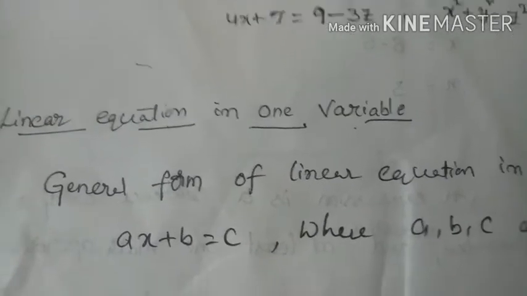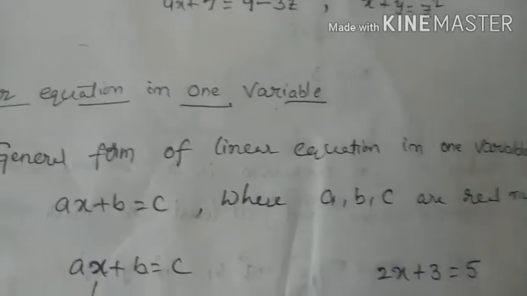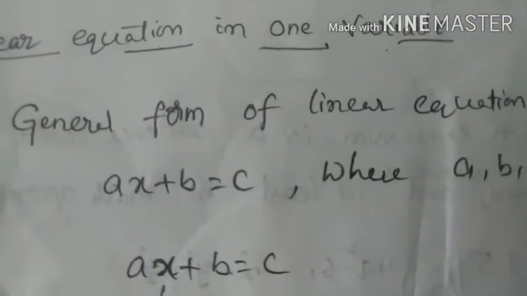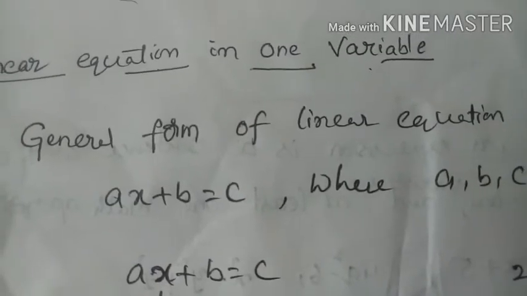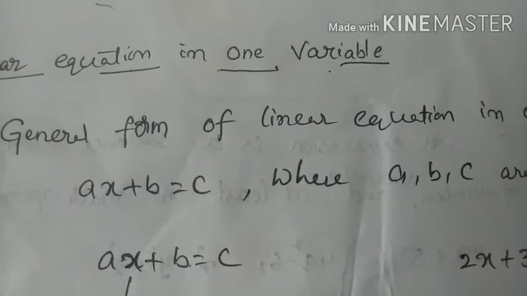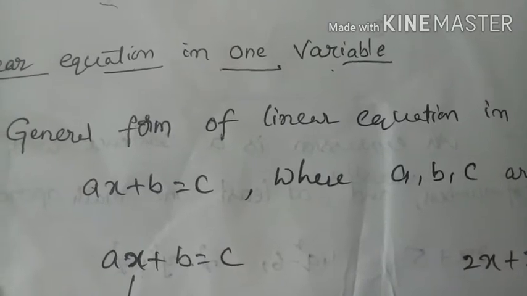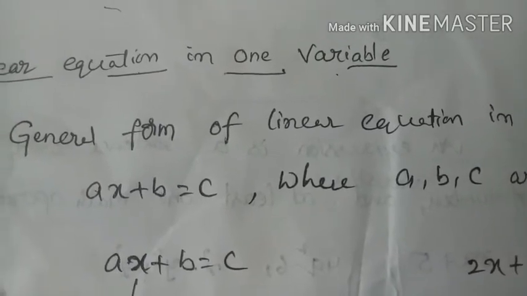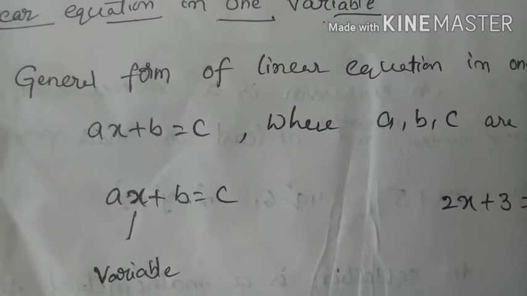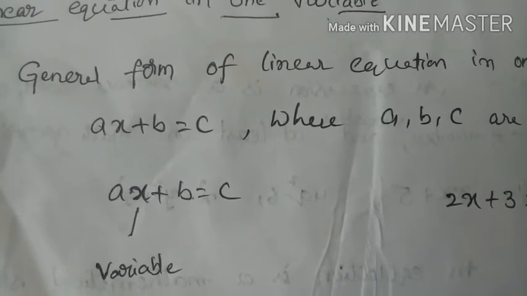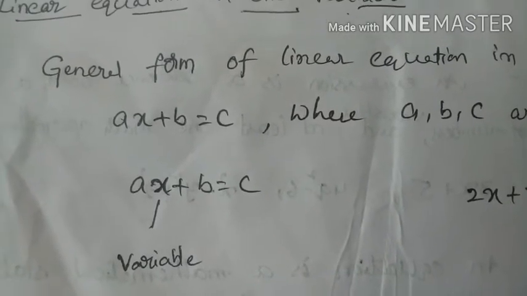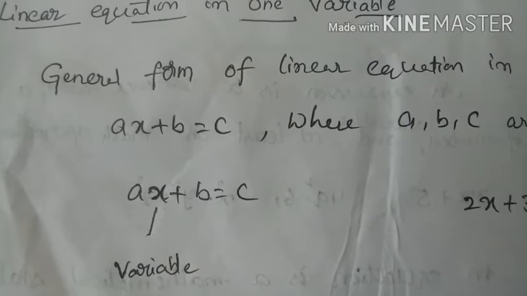The general form of the linear equation in one variable is ax plus b is equal to c, where a, b, c are real numbers. What is the variable here? x is the variable and it has an equal sign. So this is our linear equation in one variable.